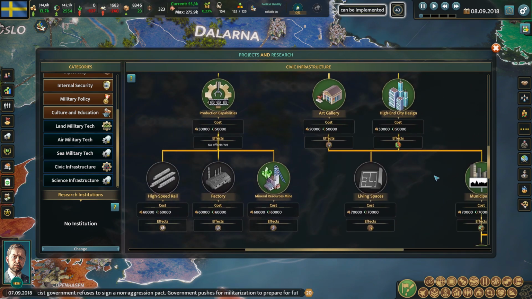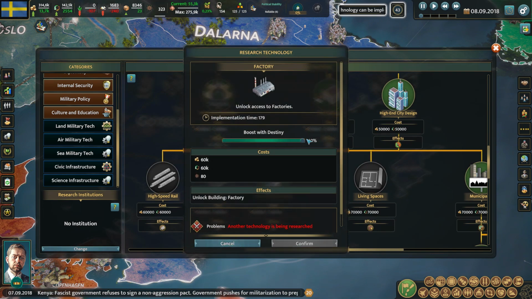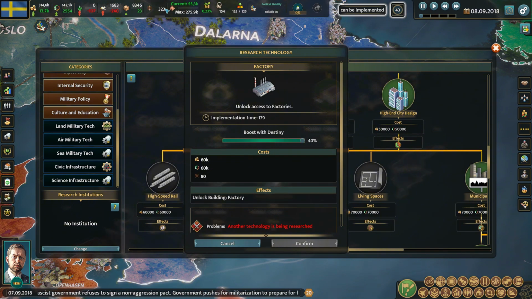What is also important, if you are opening any of the projects, trying to research, you can always perform a destiny point boost, which will allow you to build faster with some significant advantages.